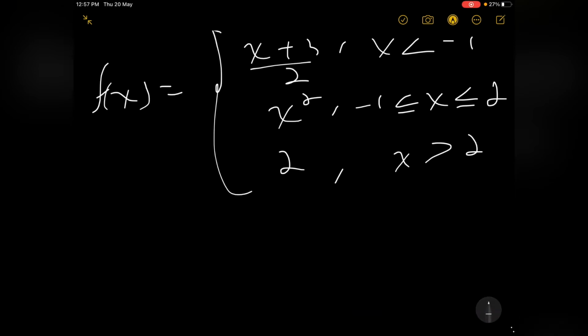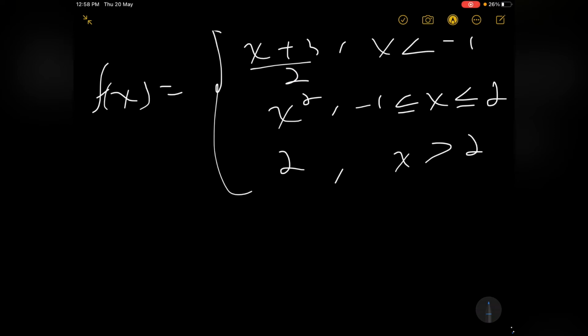And we are supposed to determine if the function is continuous at the point negative 1 and at the point 2. So let's do this at x equals negative 1. The first thing we want to do is to test and see if the limit exists. How we do this, we want to make sure that the value we get when we approach from the right is the same value we get when we approach from the left.